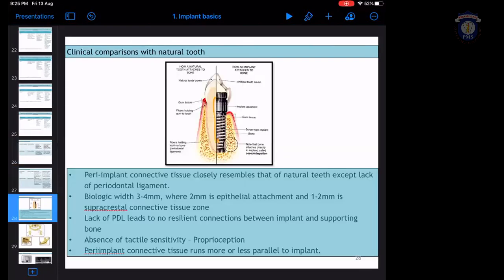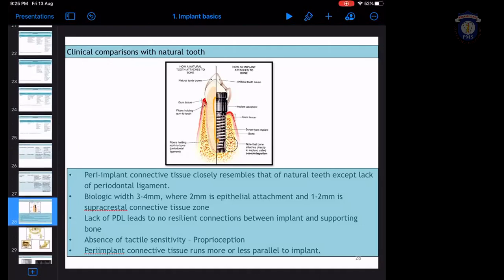Then this is the last part of the introduction, that is the comparison of the implant with the root. We can see the peri-implant connective tissue is completely lacking in the case of the implant, that is, we don't have any periodontal ligaments.